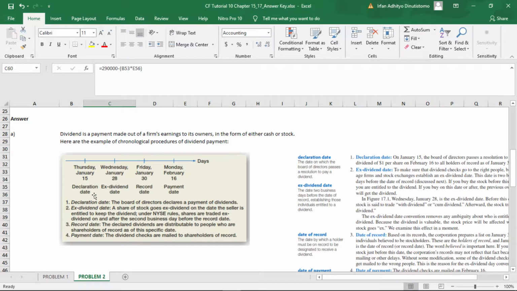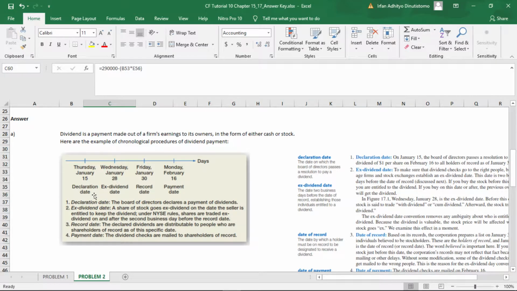The record date is that declared dividends are distributable to people who are recorded as shareholders as of this specific date. So after the firm declares the dividends and the record date, 3 business days before the record date is called the ex-dividend date.